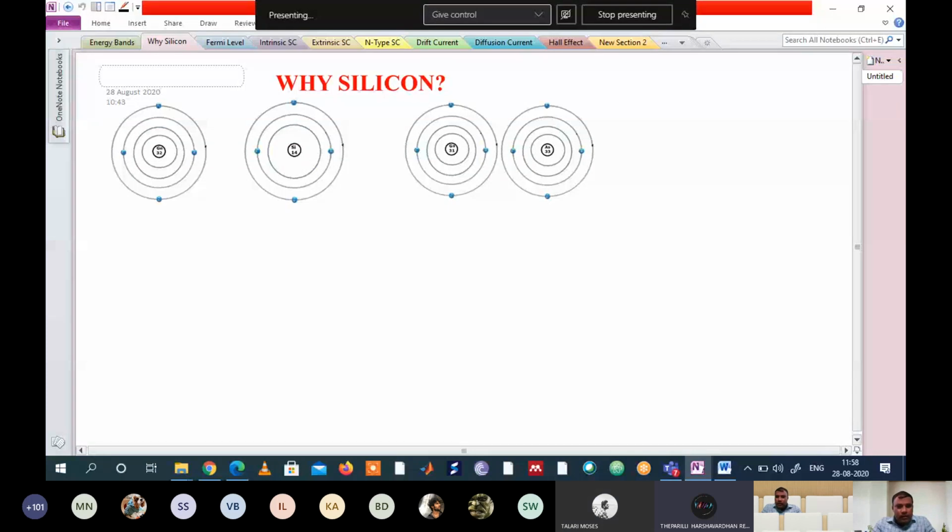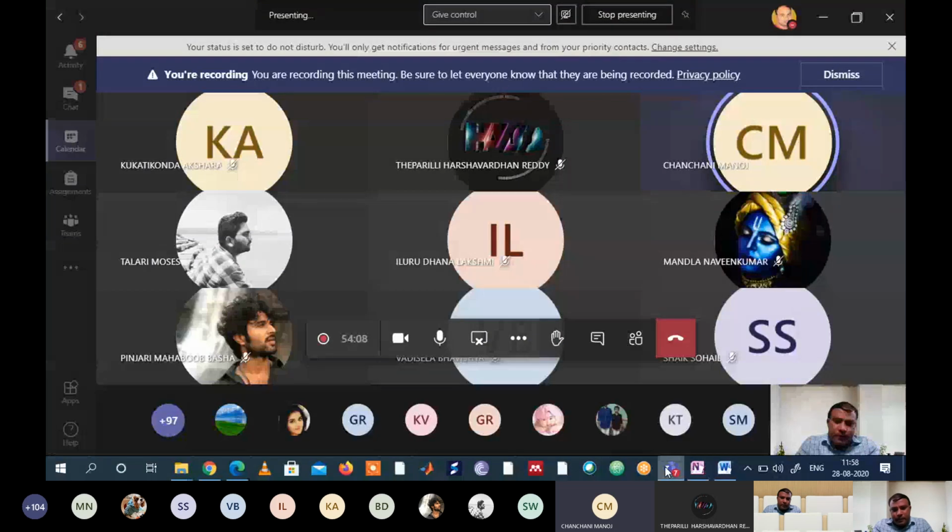It has four electrons in the valence band. What for, if four electrons are present? It acts as both a conductor of electricity and an insulator. In some conditions it may act as an insulator.